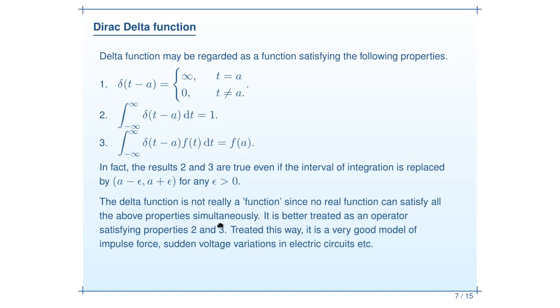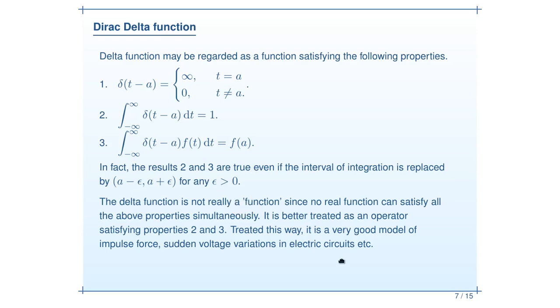In fact, there is no real function which can satisfy this. This is a mathematically shaky idea to have a function which satisfies these two ideas, and this can only be justified by using some other concepts such as distributions, which is beyond the scope of our lecture.